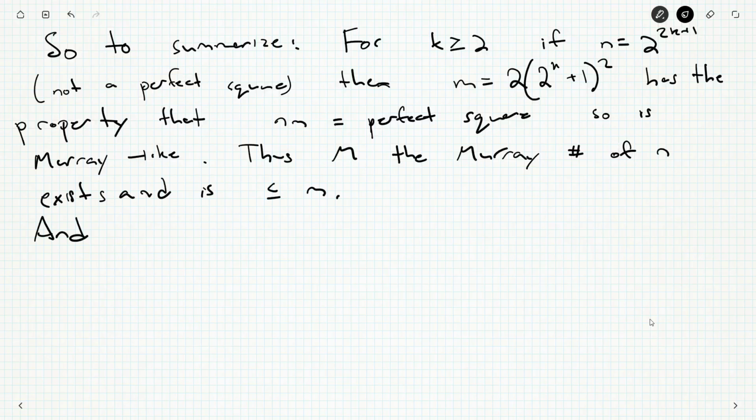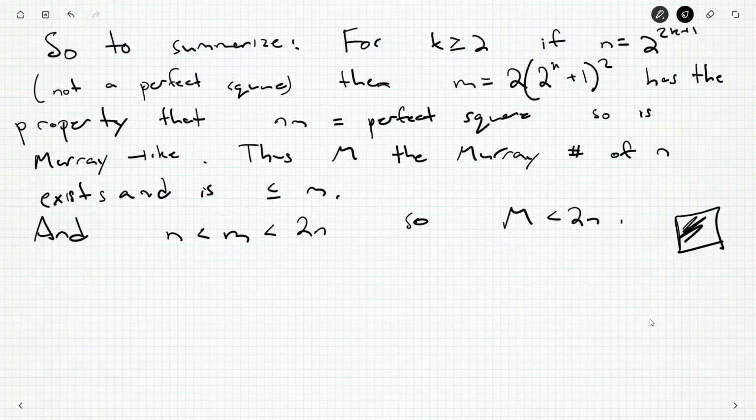And our final observation, n is less than m is less than 2m, or 2n. So then m has to be less than 2n. So we've got a Murray number. This little n isn't a perfect square, and I know that the Murray number has to be less than 2n because I've got a Murray-like number that's less than 2n. And that's a fancy way of saying I'm done.